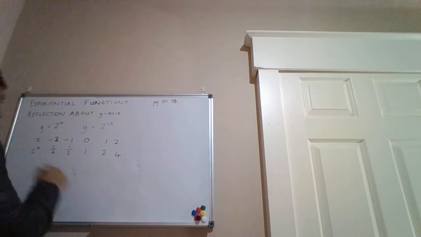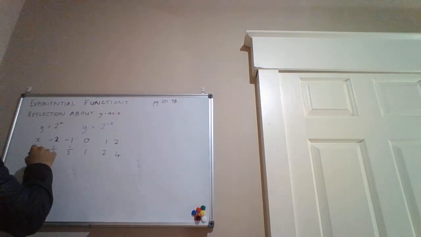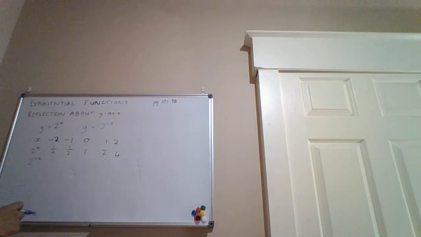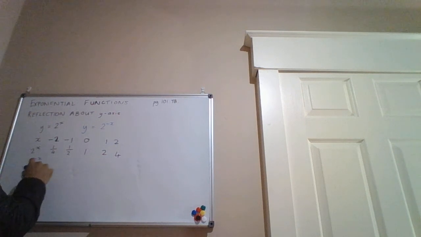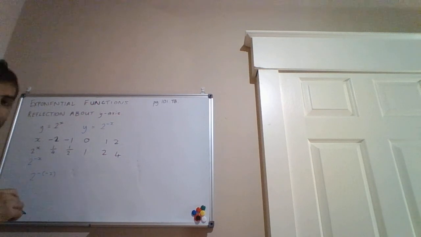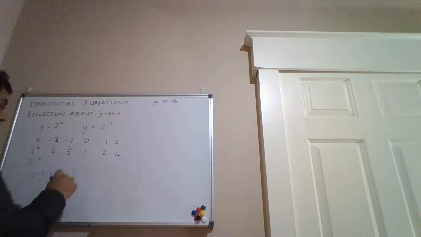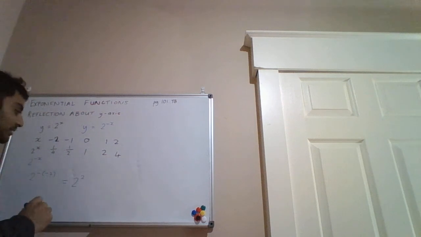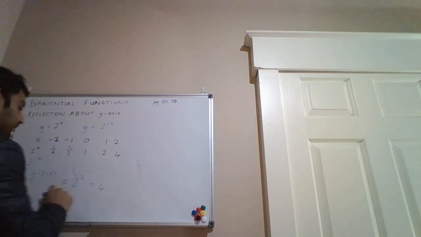Now let's look at the y values for the reflection. Y equals 2 to the minus x. If we substitute minus 2 into this equation, we have 2 to the power of minus minus 2. So the minuses cancel, and we're left with 2 to the power of 2, which is 4.